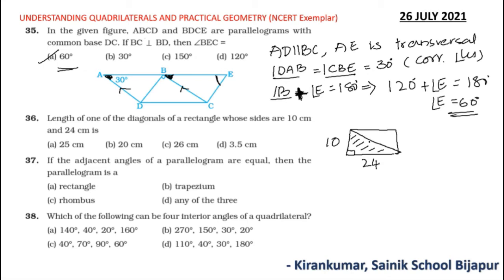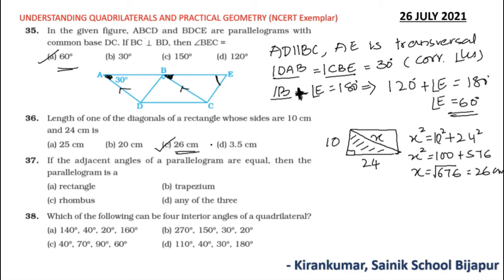We can make use of the Pythagoras theorem. x square is equal to 10 square plus 24 square. So x square is 100 plus 576. This will be 676. So x will be root 676, which is 26 centimeter. So option C is the right answer.